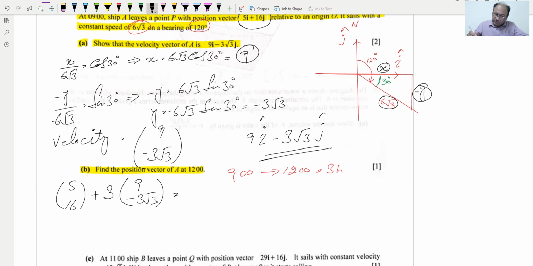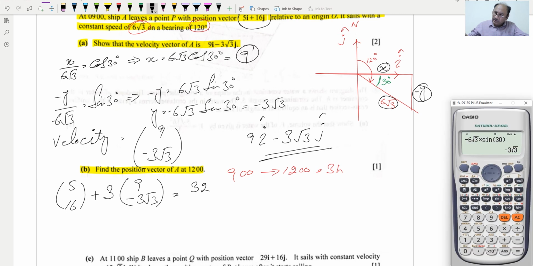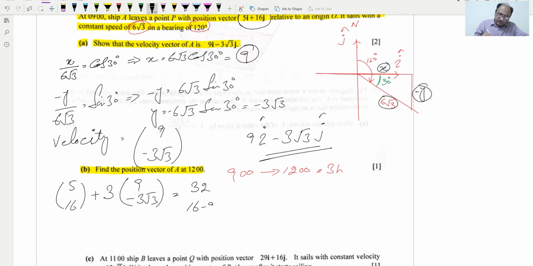9 3s are 27, 27 plus 5 will be 32, and we multiply this with 3 and then add 16, so 16 minus 9 root 3. So what we have done, we have taken this initial position at point P, and this is the velocity and time.